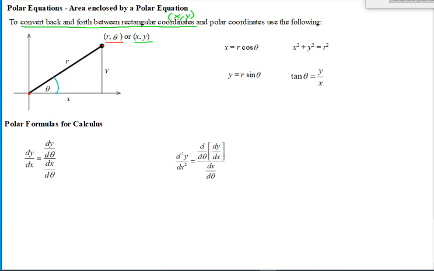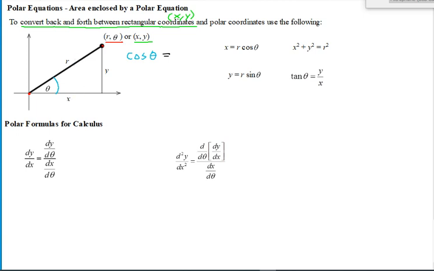So remember where these conversions come from here. The two we'll use most often are these first two, x equals r cosine theta and y equals r sine theta. So if you take the cosine of angle theta, remember cosine using SOHCAHTOA is the adjacent over the hypotenuse.